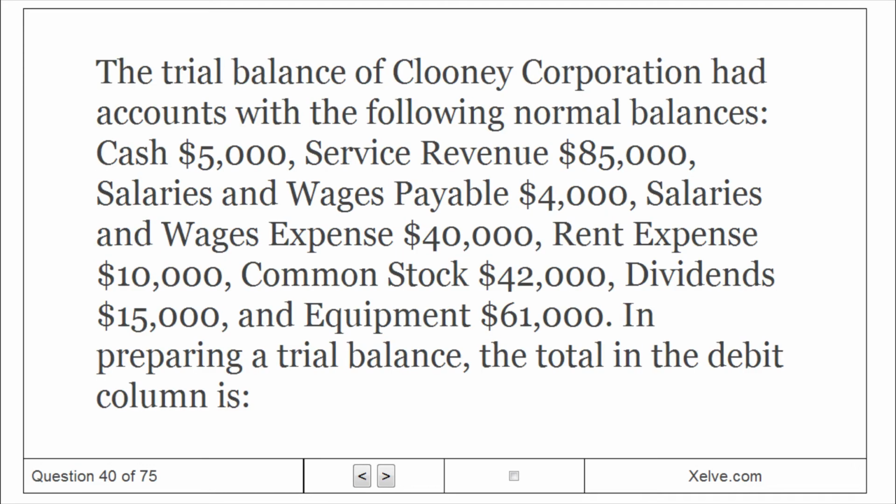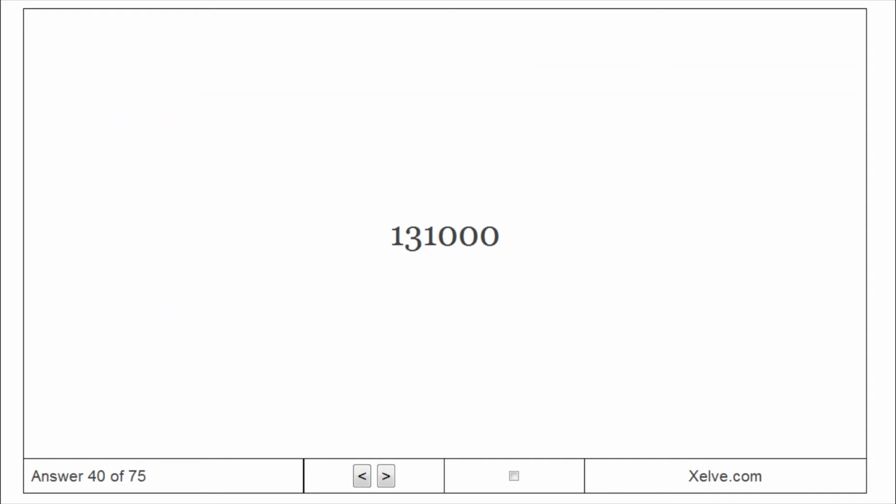The trial balance of Clooney Corporation had accounts with the following normal balances: cash $5,000, service revenue $85,000, salaries and wages payable $4,000, salaries and wages expense $40,000, rent expense $10,000, common stock $42,000, dividends $15,000, and equipment $131,000.